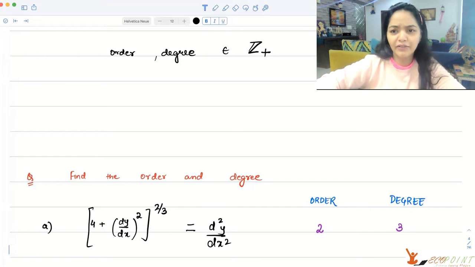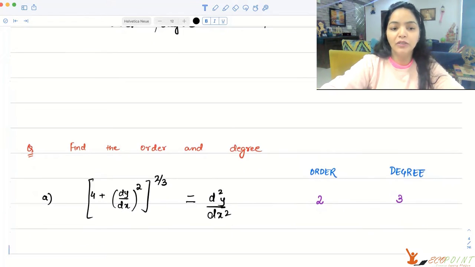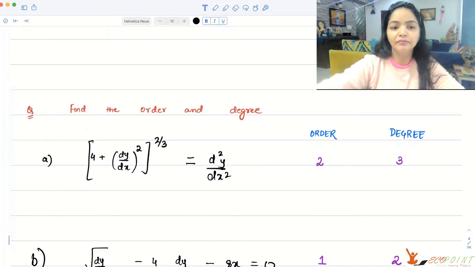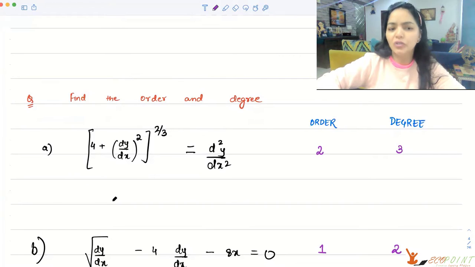Since we are playing around with power, and you have the power 2 by 3 out here, I would want to cube on both the sides so that I can get rid of the cube root, and that would give us a better picture here.